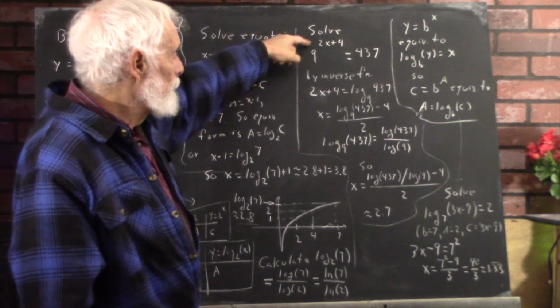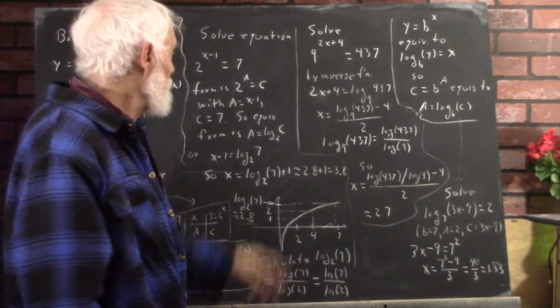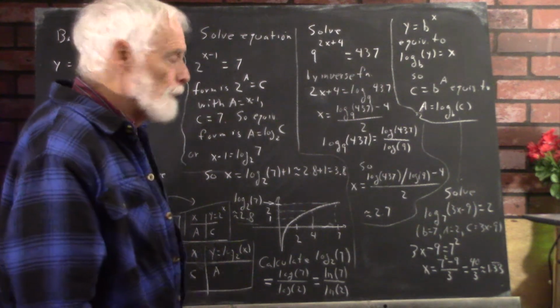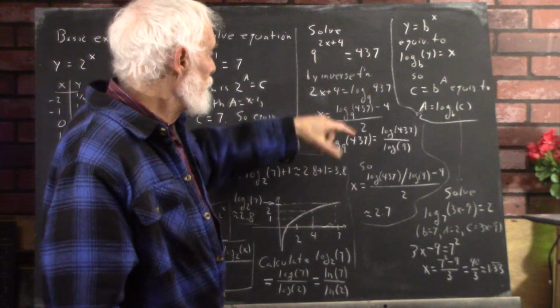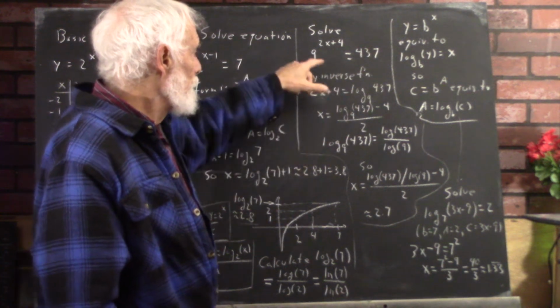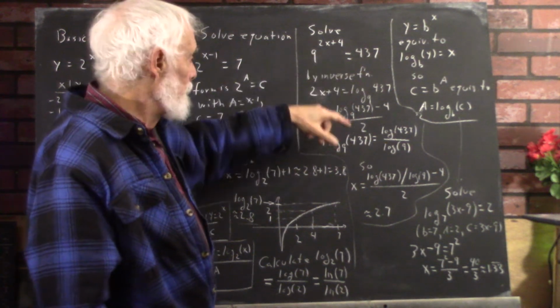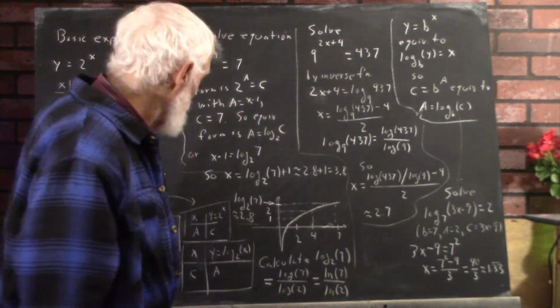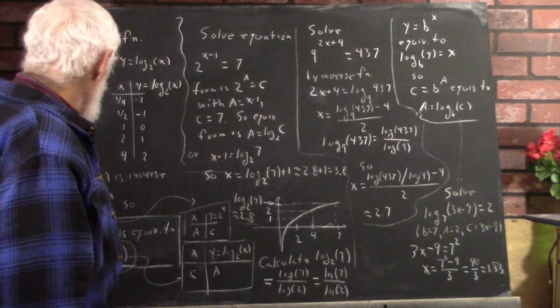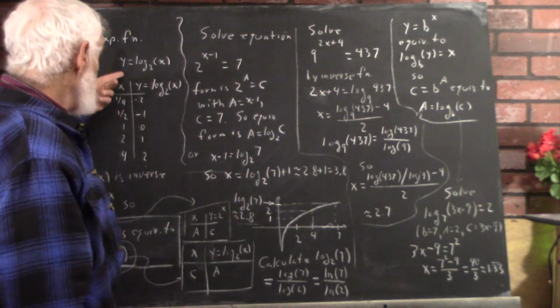Okay, so we solve this equation. How? By converting it to a logarithmic equation. We use the inverse function. The inverse of 9 to the power is the log base 9. Just like this is log base 2.